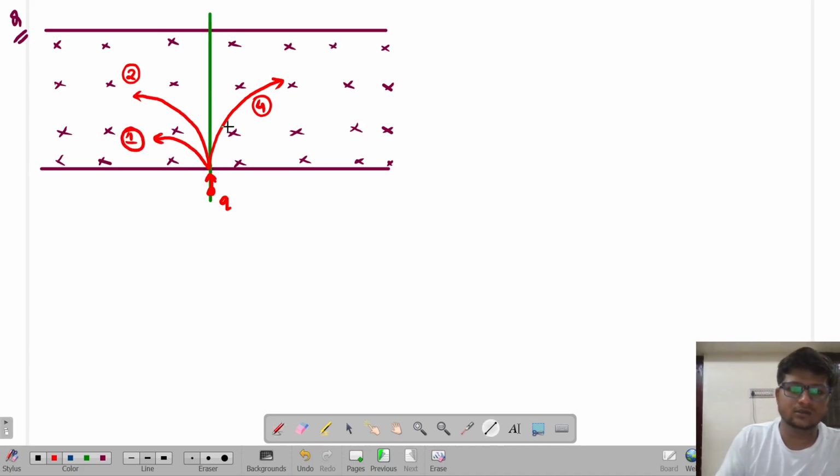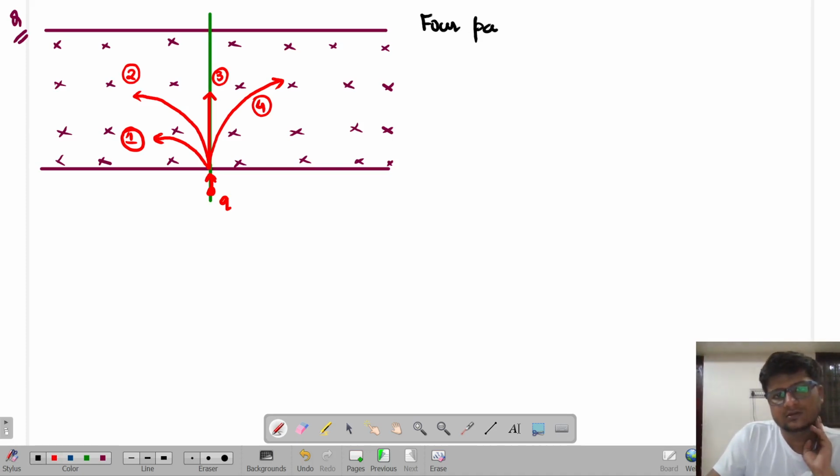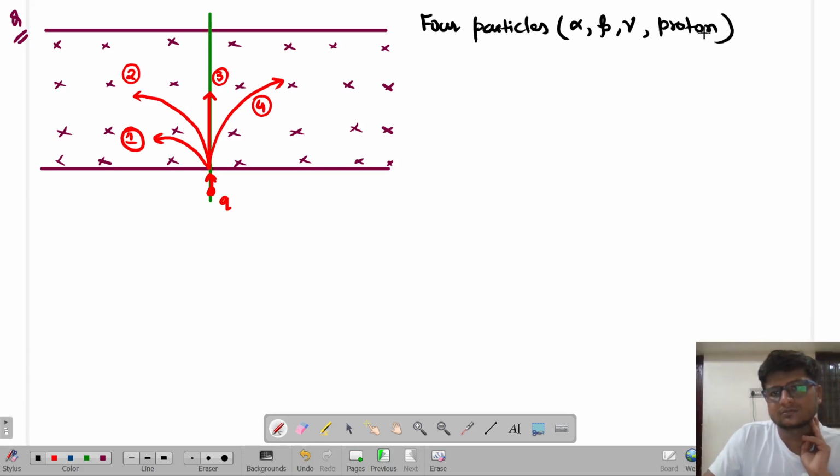And one particle goes undeflected. Now the question is simple: four particles, alpha, beta, gamma, and proton, are projected in a uniform magnetic field.